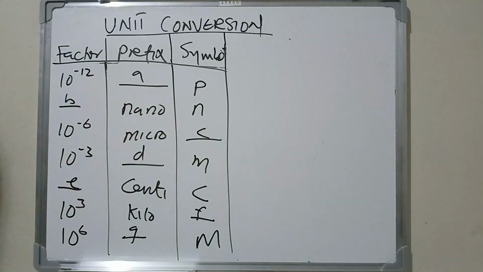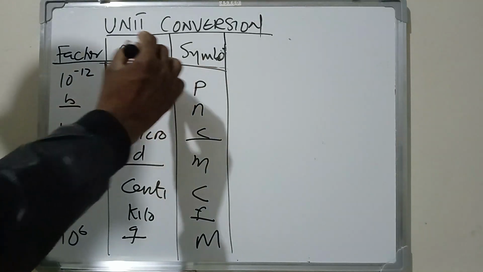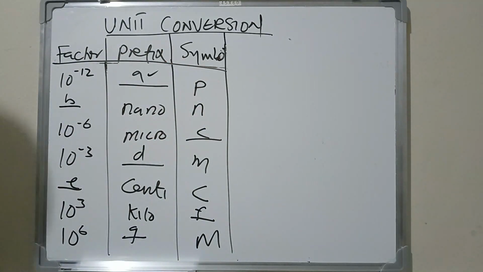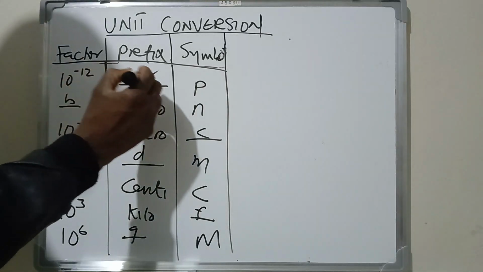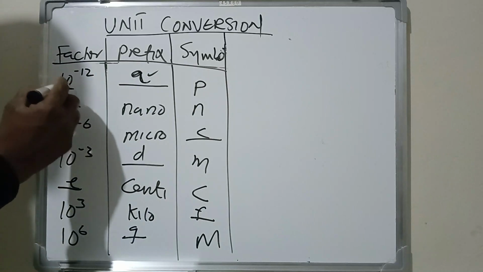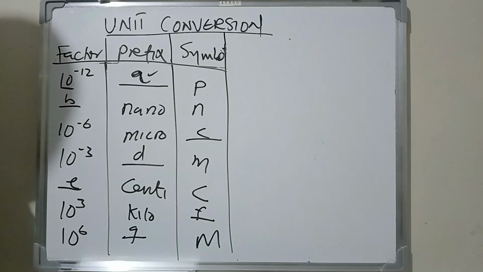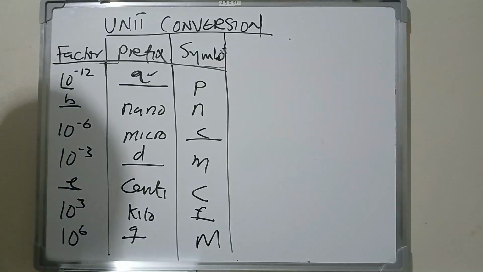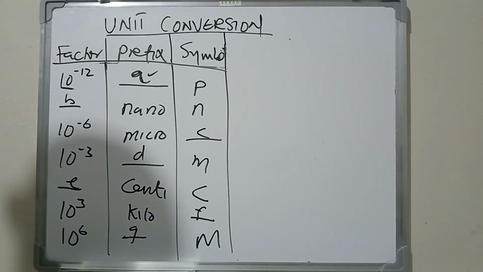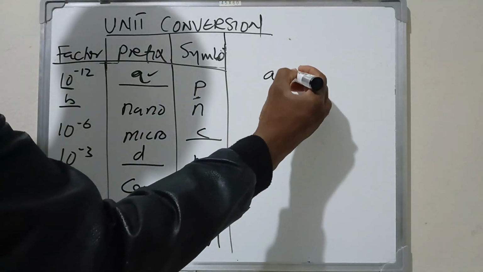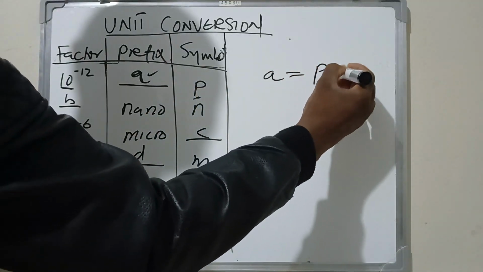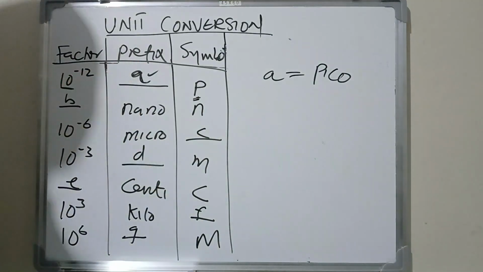We're not going to copy the table. For A, from the factor we know this is negative 12, and we said it is pico. So A is pico. Remember the table that we wrote?